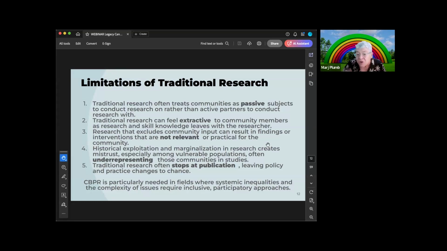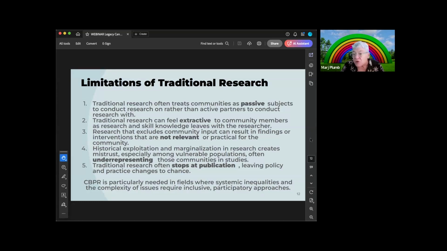Historical exploitation and marginalization in research has created mistrust. Many vulnerable populations are underrepresented in studies because they fear continued exploitation and marginalization. So a lot of research has a really hard time bringing people of color, women, LGBTQ people, and people who have been incarcerated into their studies, because those populations feel that if they participate, harm is going to come to them.